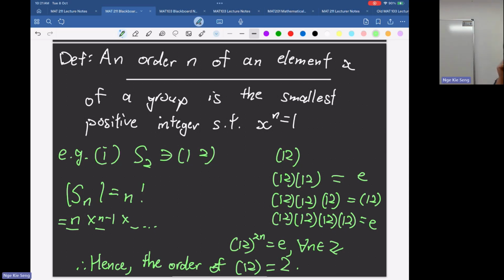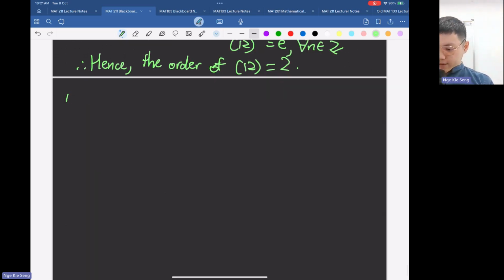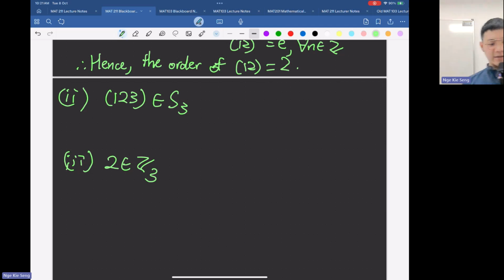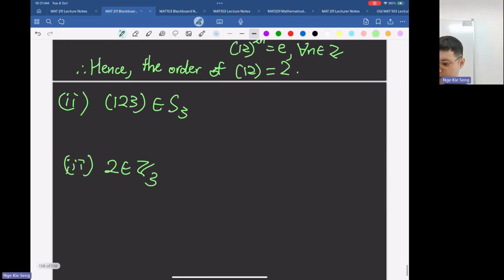How about I give you some exercises and then you check. Let's try 2 in Z3 and (1 2 3) in S3. Try these 2 elements and check what their orders are. I give you 2 minutes to work this out. What are their orders in their groups?